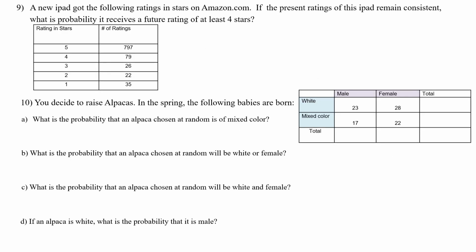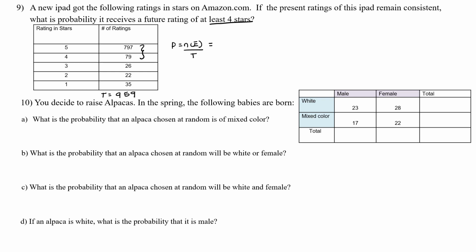We have a table that represents the rating in stars and then the number of ratings. We want to determine the total, so that will be 959. We're told to determine the probability it receives a future rating of at least 4 stars, which means 4 or more. So we'll be looking at these. We know probability is given by the number of ways an event can occur divided by the total number of outcomes.